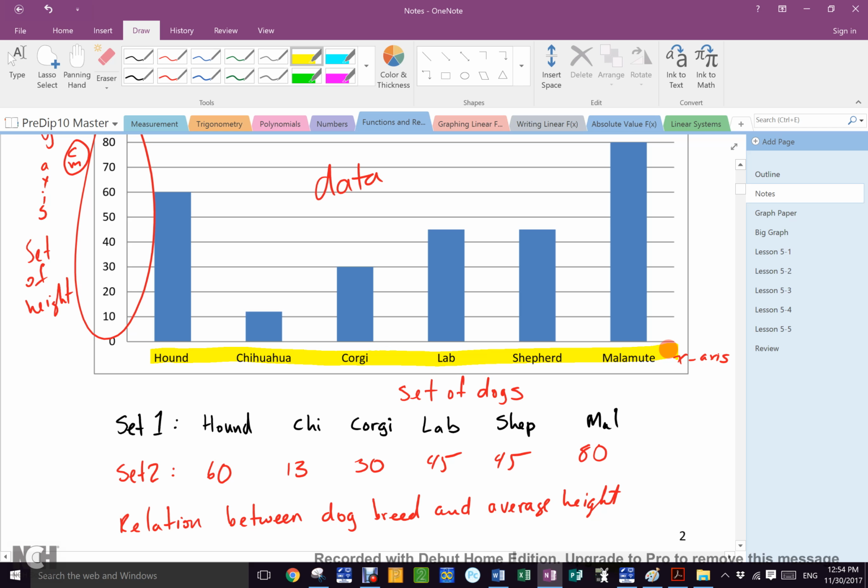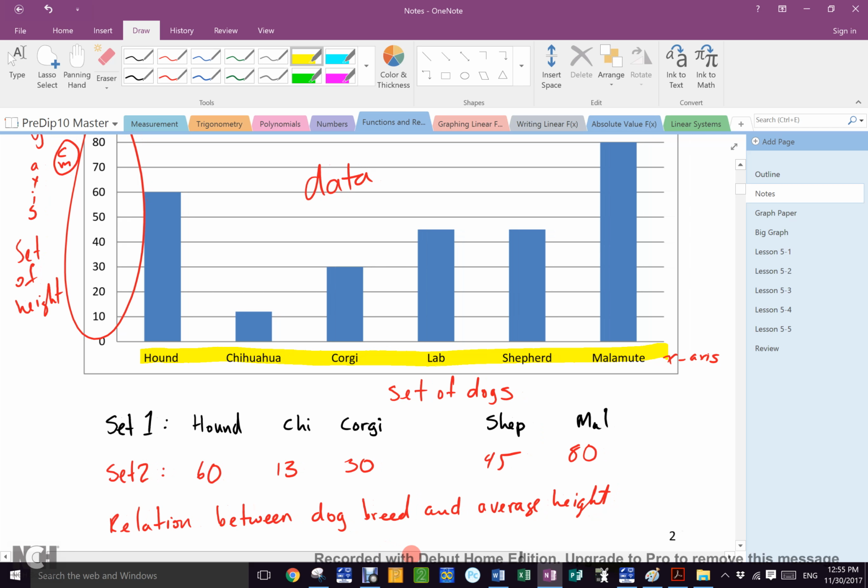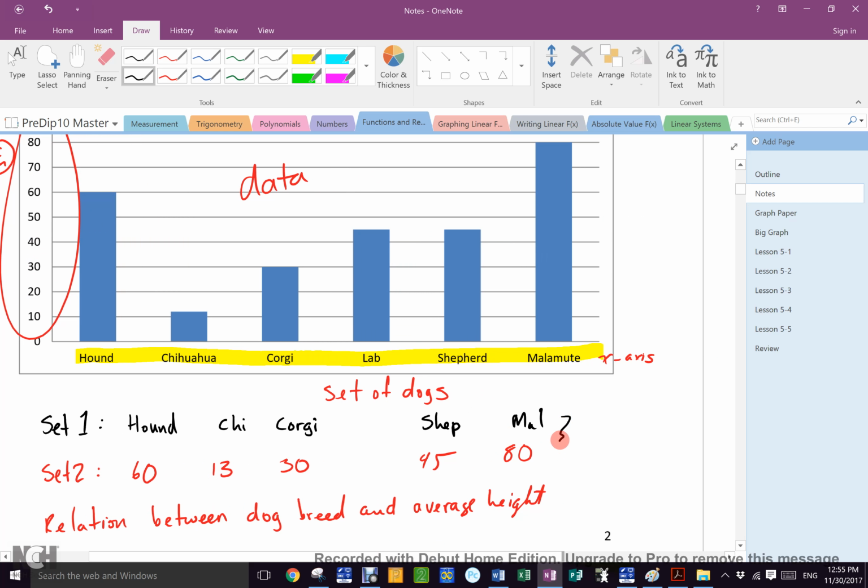So the problem here is when you are given data from only one set, I give you data only from here, you cannot definitively answer my question, can you? Which makes this a relation. If it was such that this lab wasn't here, then this becomes a special kind of relation, and that special kind of relation is called a function.